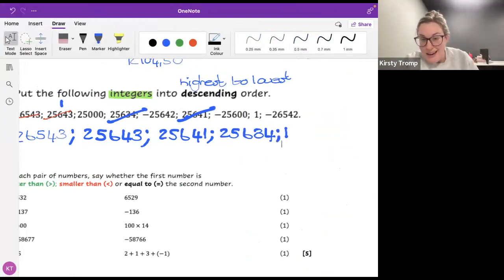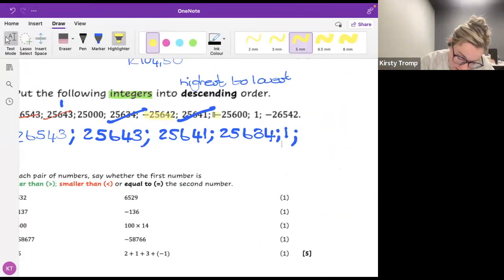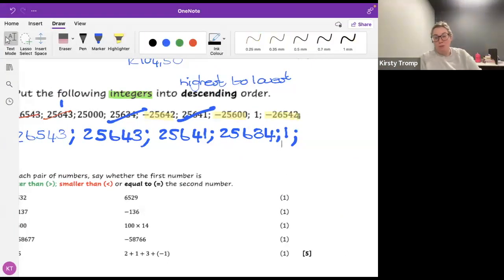Now we're going to have a look at our integers. Remember, when we're looking at our integers, the biggest number is the one that's closest to zero, but in the negatives. Remember, with integers the numbers work backwards.